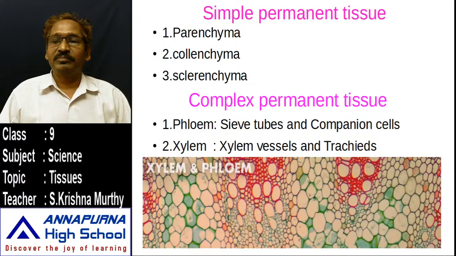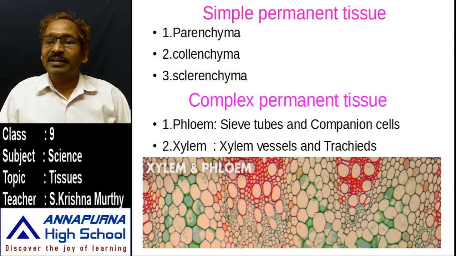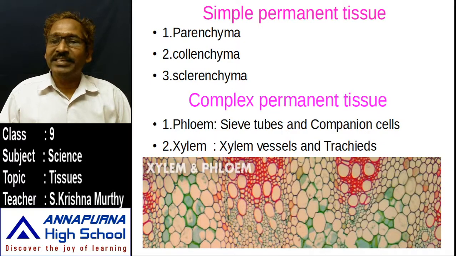Each and every cell has cytoplasm, and around that cytoplasm a cell wall, and inside, a nucleus. Each and every cell has a nucleus, so these cells are considered living cells. All parenchyma cells are living cells.